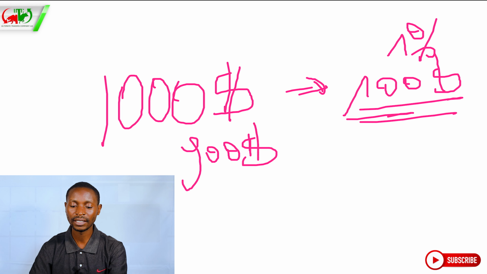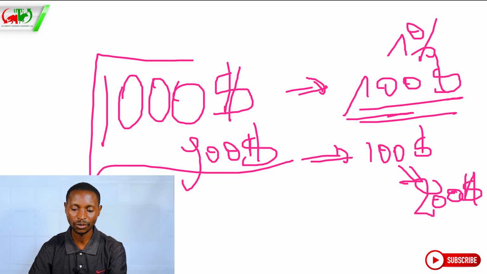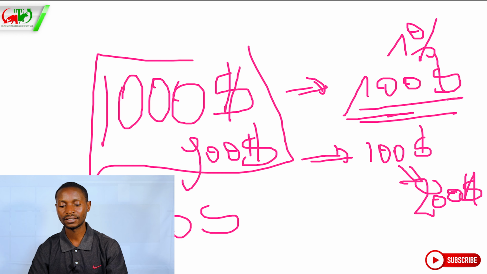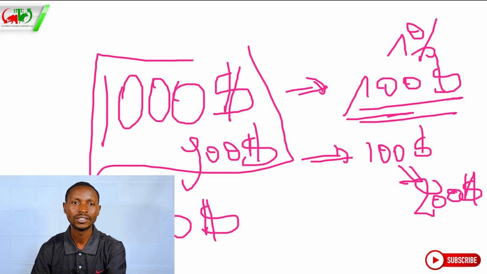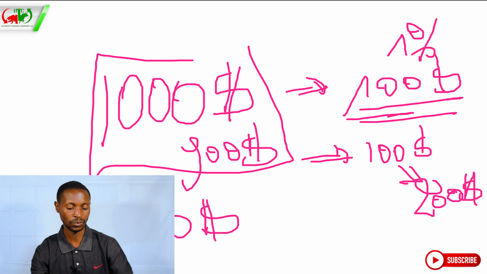The next time, I can risk the same $100 and make 200 US dollars, which will make my initial capital 1,100 US dollars.